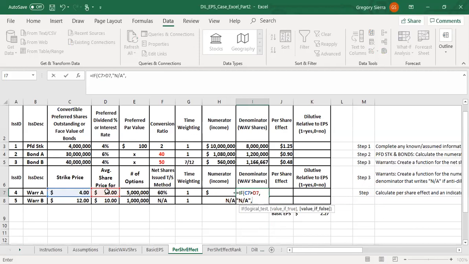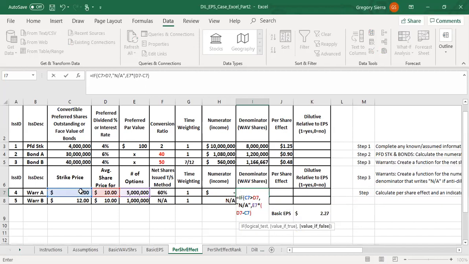All right, so we're going to use this weighting based upon the market price relative to the strike price. So first of all, we'll take the 5 million options, but we're not going to have the full 5 million net issued because the treasury stock method says act as if you take the cash from the proceeds and you buy back as many shares as possible. So 10 minus 4 is $6.